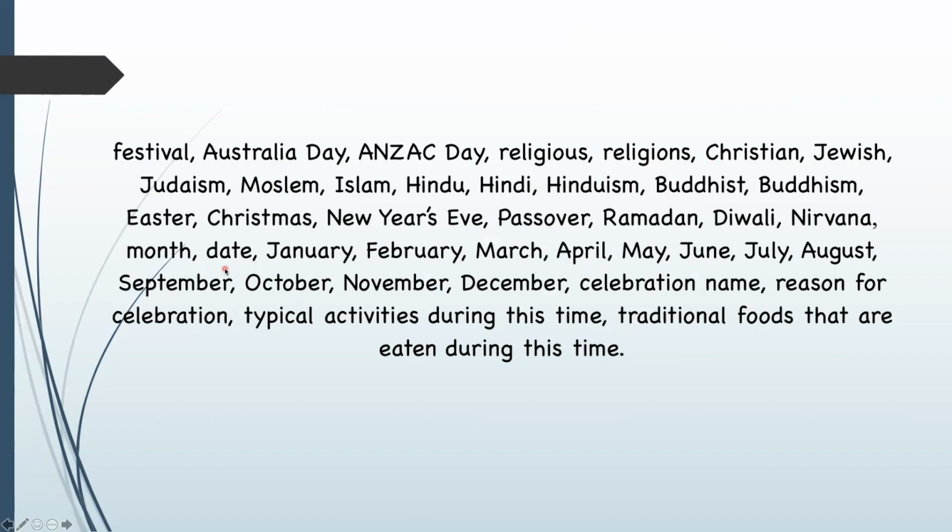Month, date, January, February, March, April, May, June, July, August, September, October, November, December. Celebration name, reason for celebration, typical activities during this time, traditional foods that are eaten during this time.